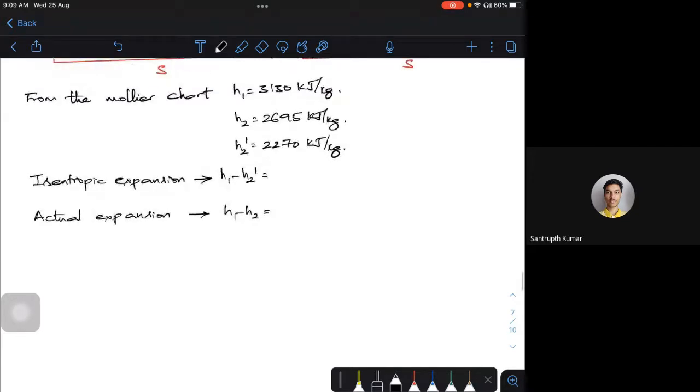So the difference of that, 3130 minus 2270. Sir, 860 kilojoules per kg. Then 3130 minus 2695. There's 435.